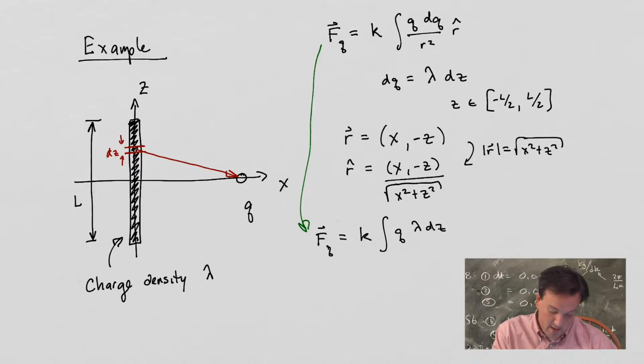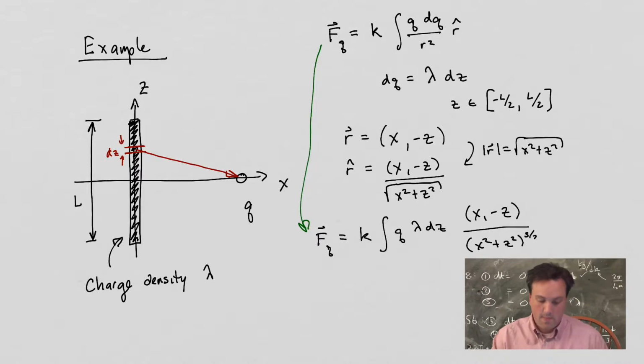Well, that's going to be x comma minus z. And in the denominator, I have a square root of x squared plus z squared from my r hat. I also have a square root of x squared plus z squared from my r squared. And so in the denominator, I really have an x squared plus z squared to the 3 halves.